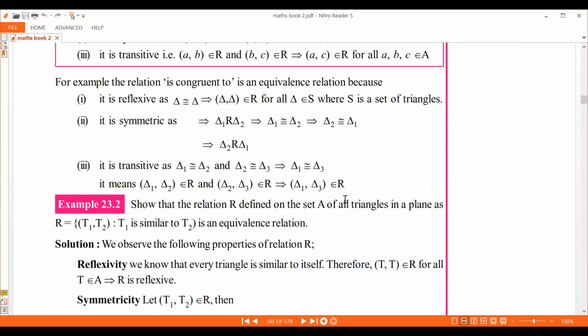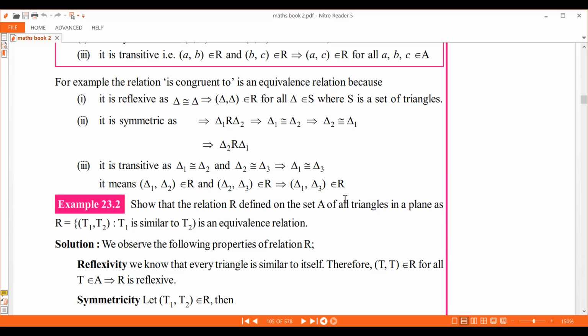What is a congruent triangle, Santi? When their corresponding angles are equal, also sides, then you will say the triangles are congruent.